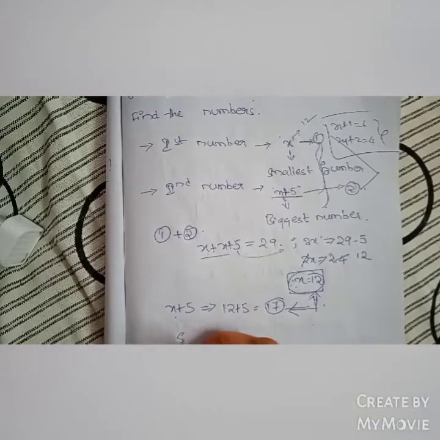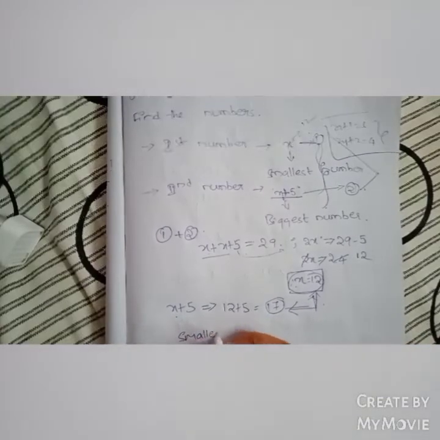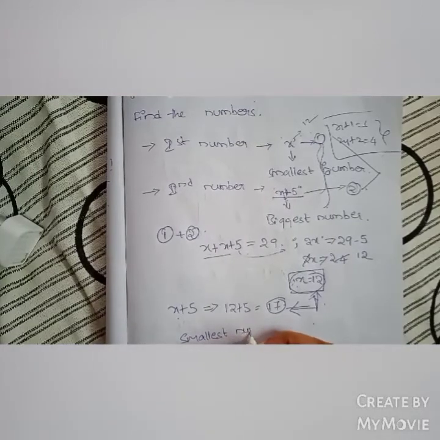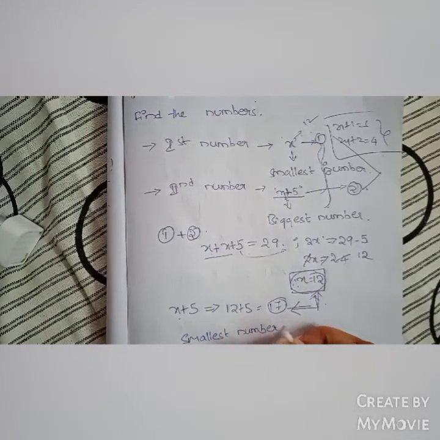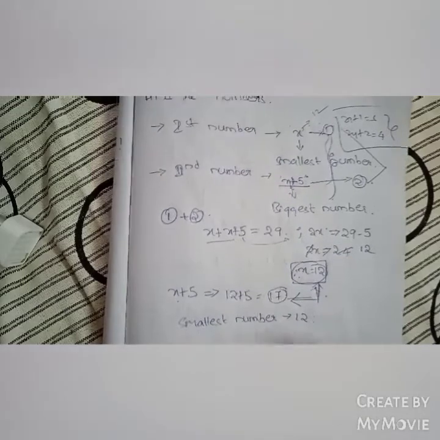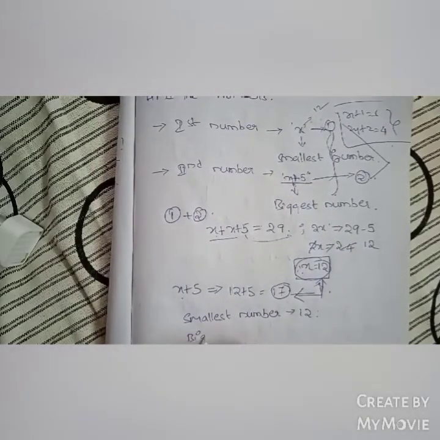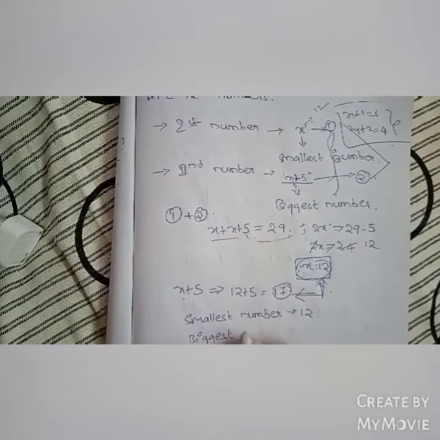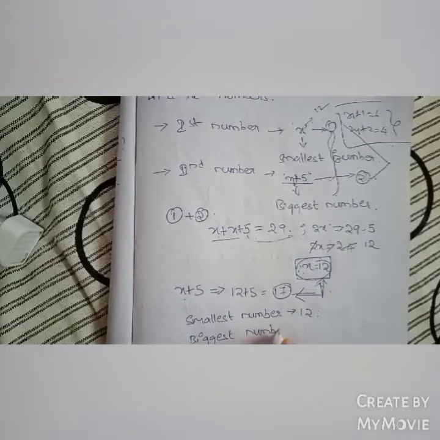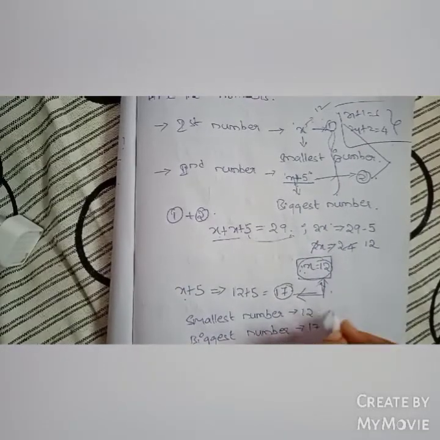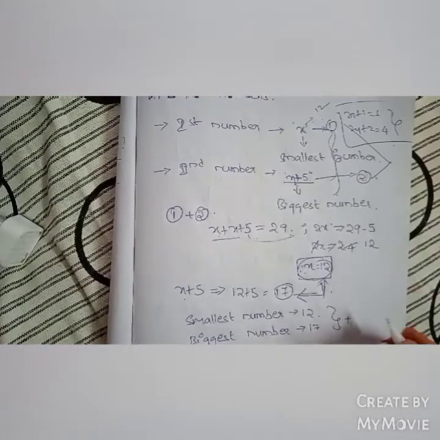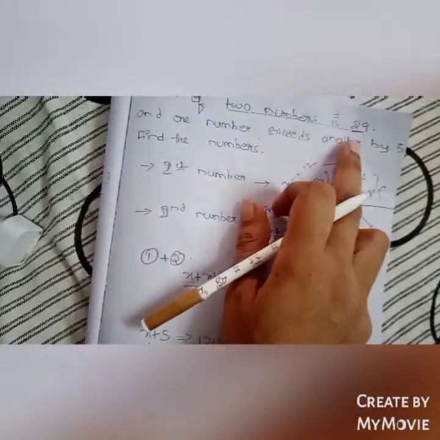So what's the smallest number here? The smallest number is 12. Okay, and the biggest number is 17. Now add these two numbers to check whether the sum of the given numbers is 29 or not.